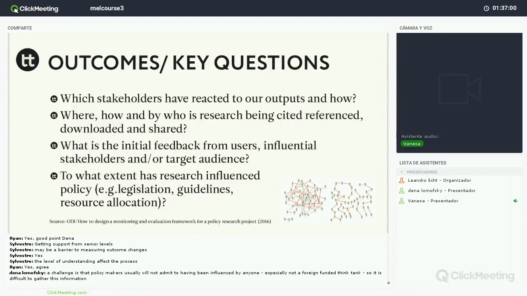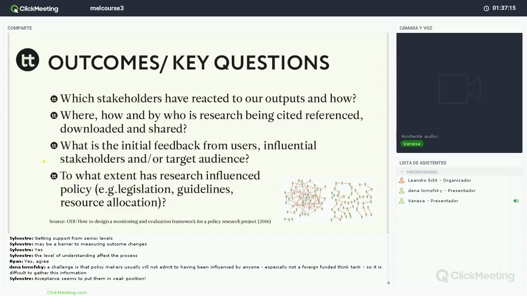Are we getting enough feedback and good feedback from the targeted audience and from the influential stakeholders? Do we just have a number, or do we just have very spontaneous and brief interactions with some of them, but we cannot really understand whether they are using and benefiting from those outputs the way we want?